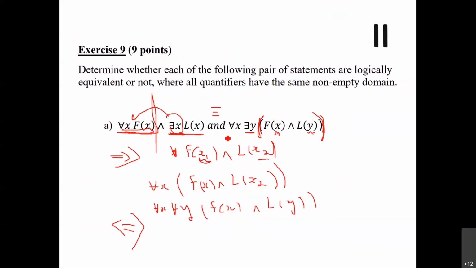So instead you start here. If I want to do the first step, it becomes there exists y, f of x1 and L of y.